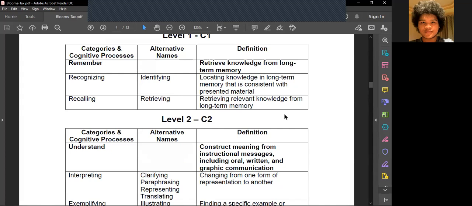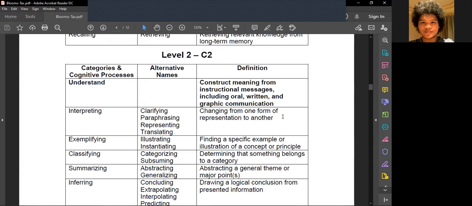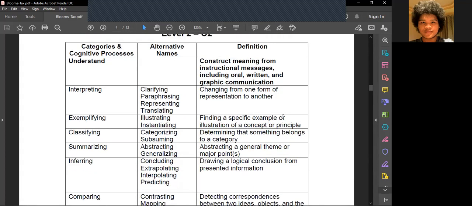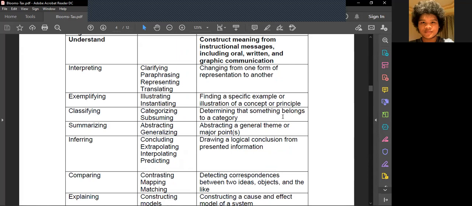In definition, it is locating knowledge in long-term memory that is consistent with the present material, recalling or retrieving relevant knowledge from long-term memory. And level 2, we have understanding. So we have these processes: interpreting, exemplifying, classifying, summarizing, inferring, comparing, explaining.